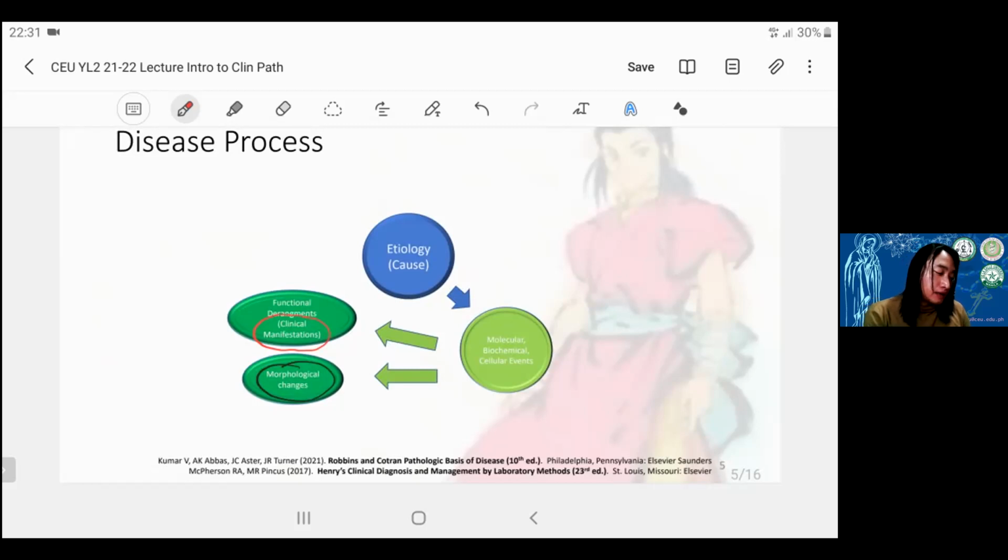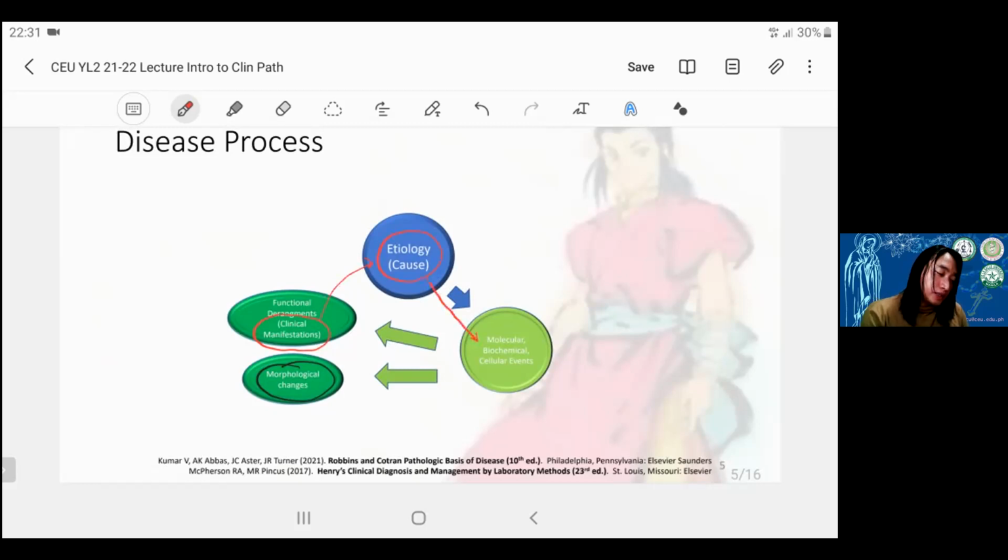So by determining or by grouping or analyzing the signs and symptoms of the patient, we have different hypotheses. And these hypotheses are basically your differential diagnosis. And with these differential diagnoses, you would like to determine which is the most probable cause among these differentials. So you would now request laboratory tests.